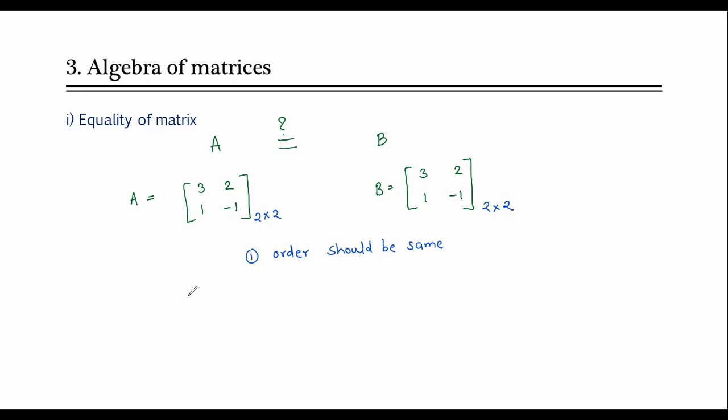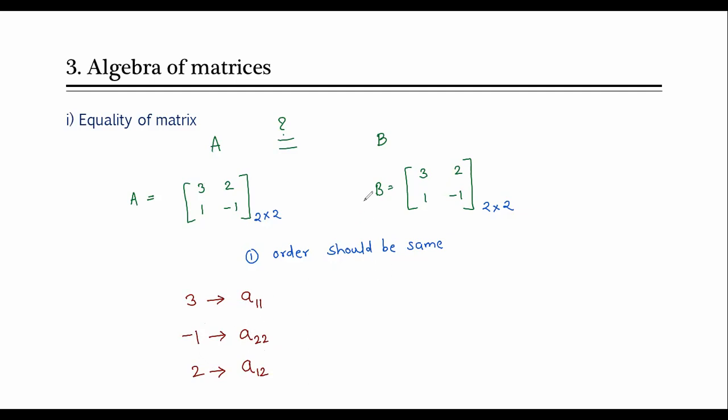Element 3 lies in first row and first column. So A11 is the position of element 3. If someone asks you, what is the position of minus 1? A22. Okay, what is the position of 2 in matrix A? A12. So always you have to write row first and then column.